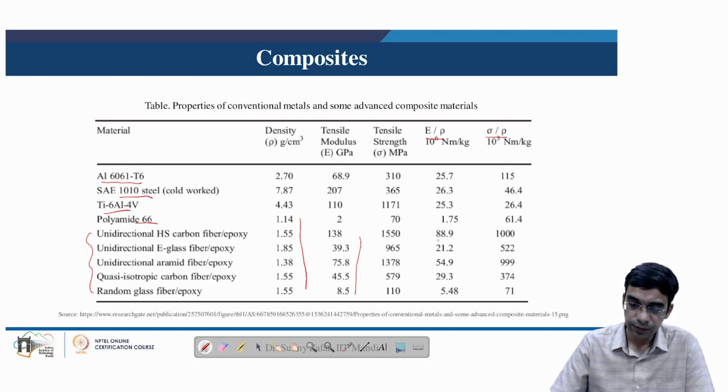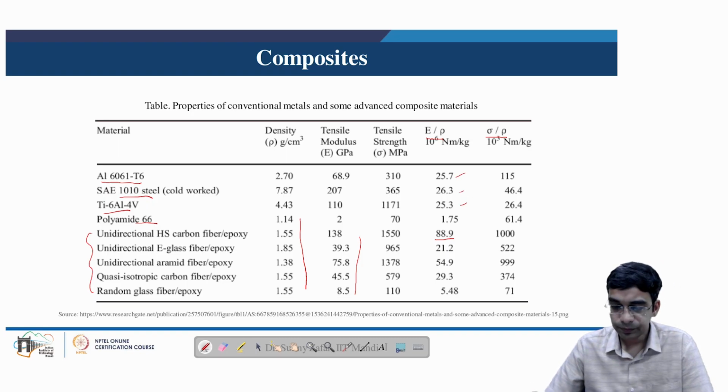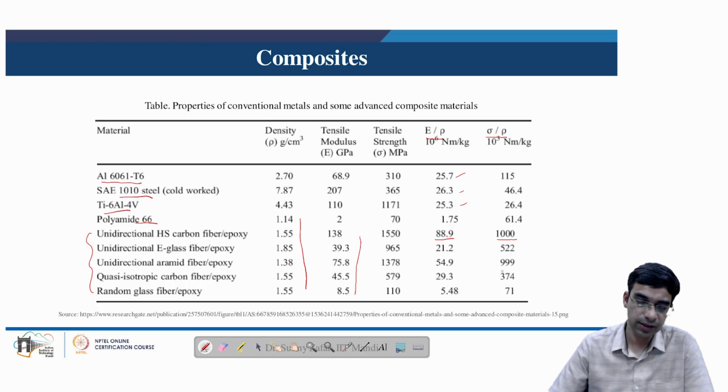For example, we can see the specific modulus of the unidirectional carbon fiber epoxy based composite is 88.9, and this is significantly higher than titanium or maybe steel or aluminium. Similarly, if we look at specific strength, the specific strength of this composite is also 1000 Newton meter per kilogram, which is significantly higher than other values mentioned in this table.